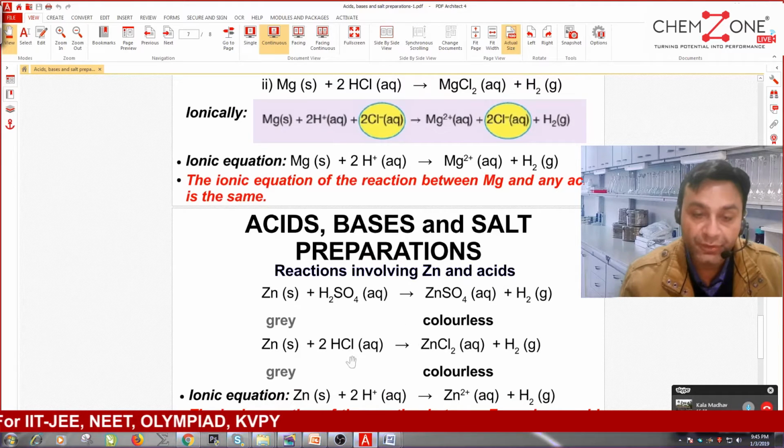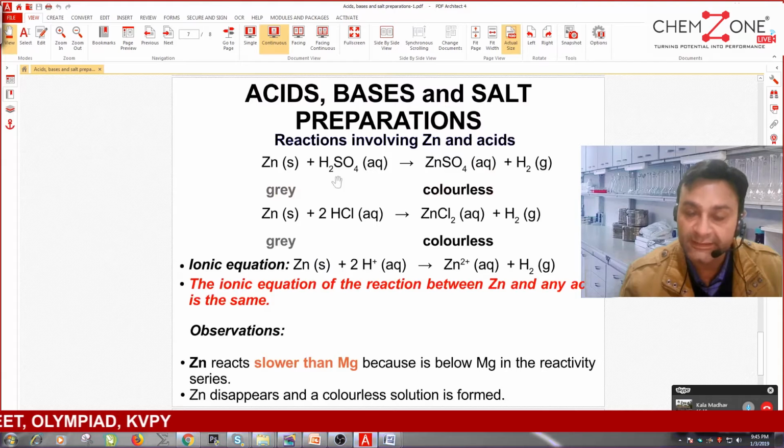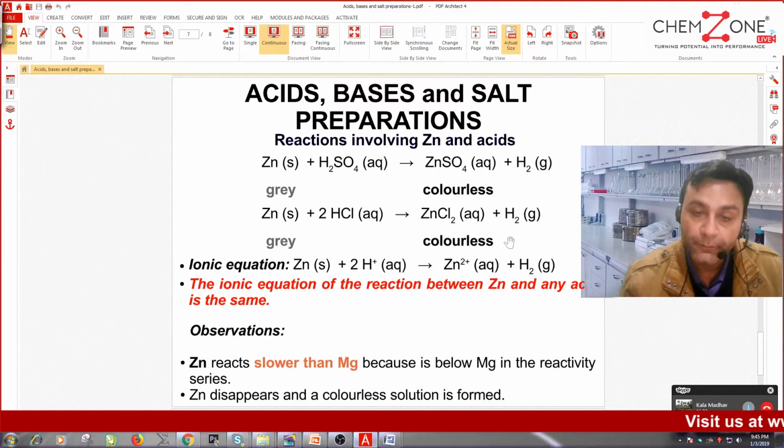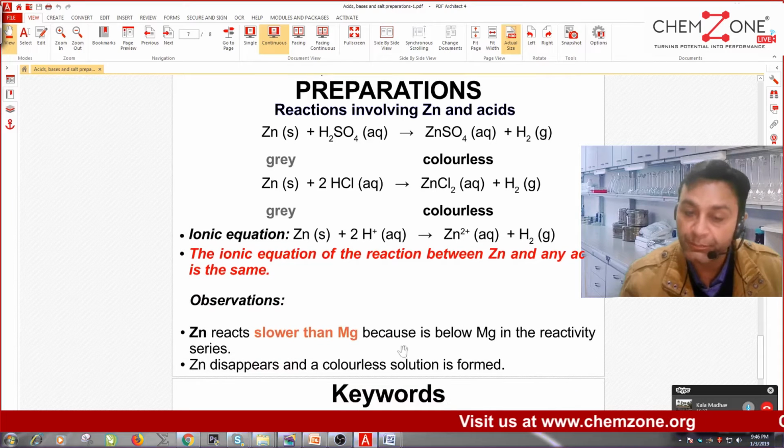See down this question, zinc with sulfuric acid forms zinc sulfate and H2 gas. Zinc with HCl forms ZnCl2 and H2 gas. Zinc reacts slower than magnesium because zinc is below magnesium in the reactivity series.